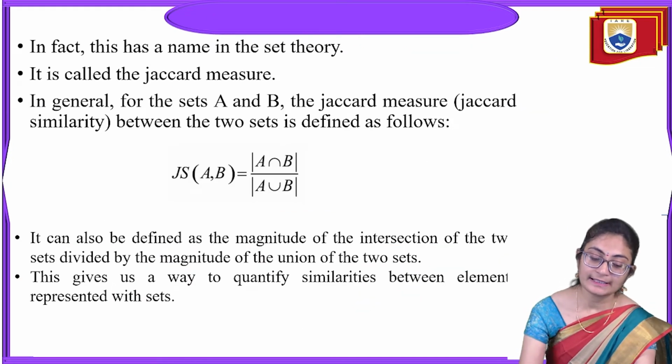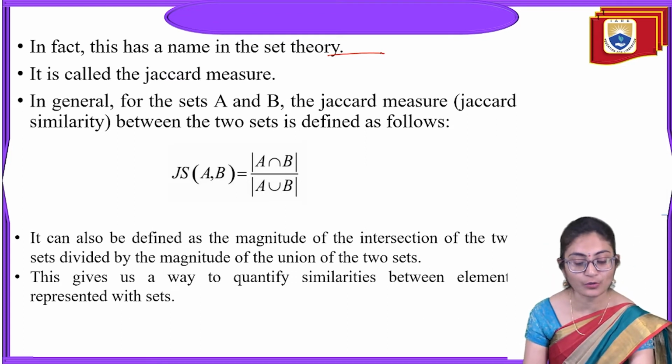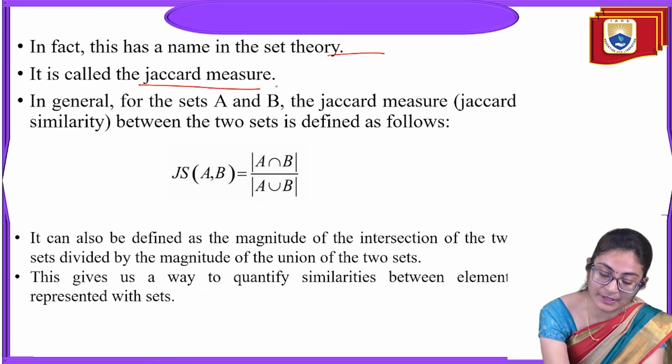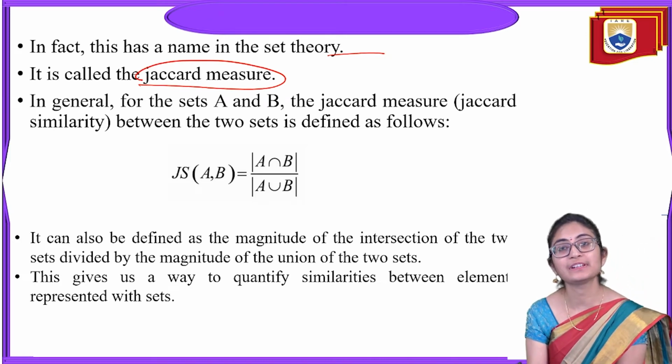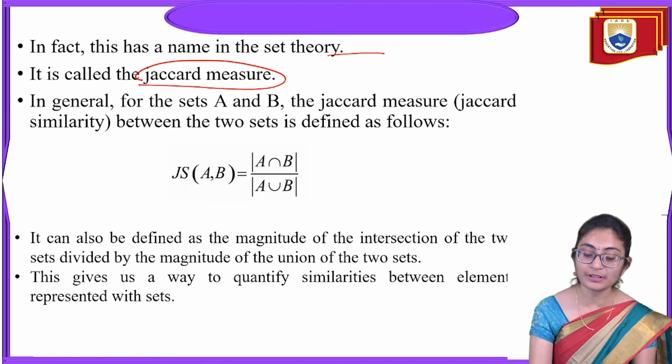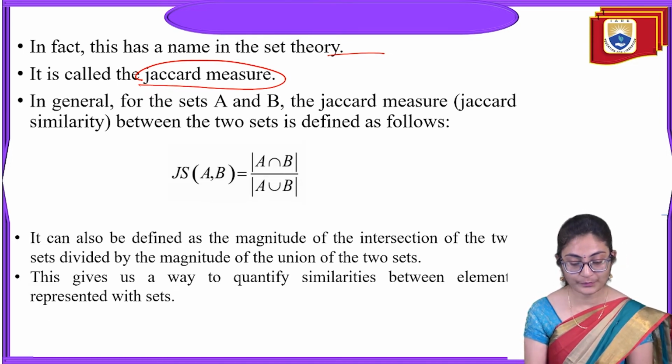In fact, this has a name in set theory. It is called the Jaccard measure. In general, for the sets A and B, the Jaccard measure between the two sets is defined as follows.